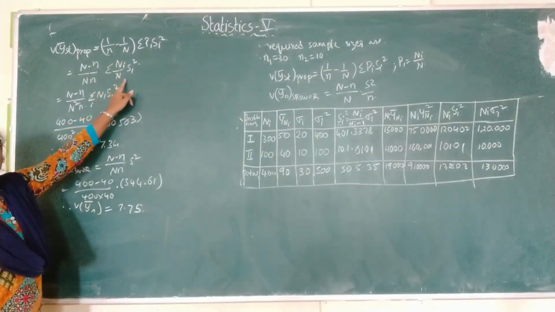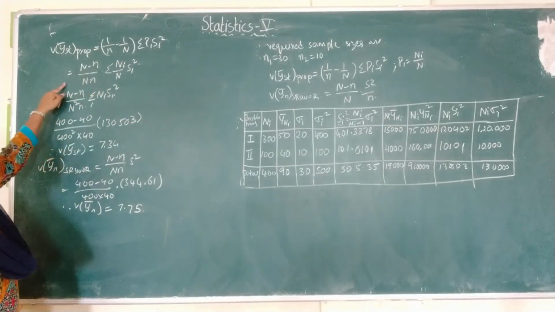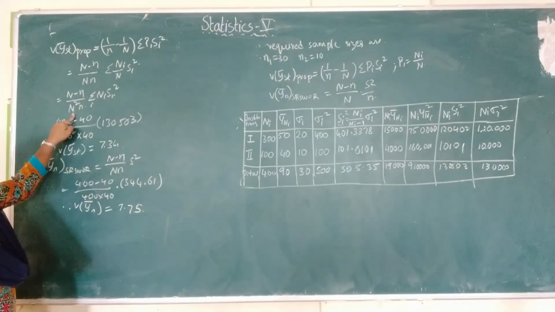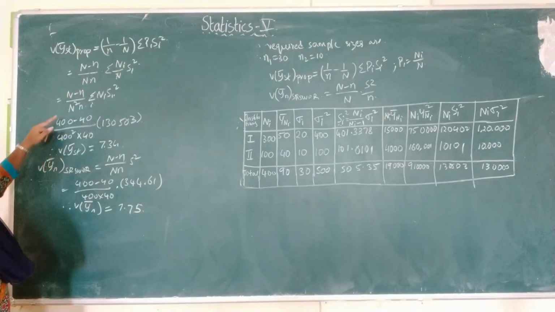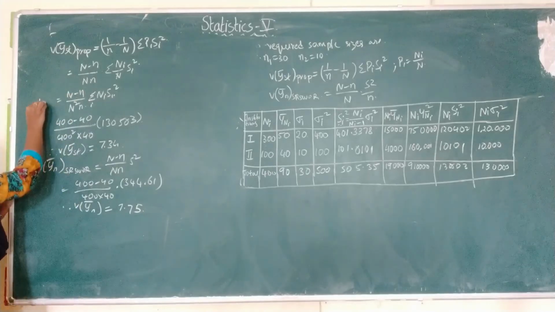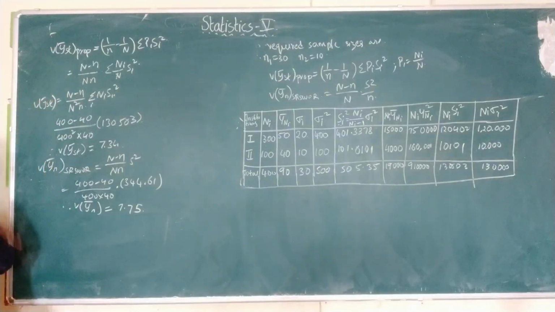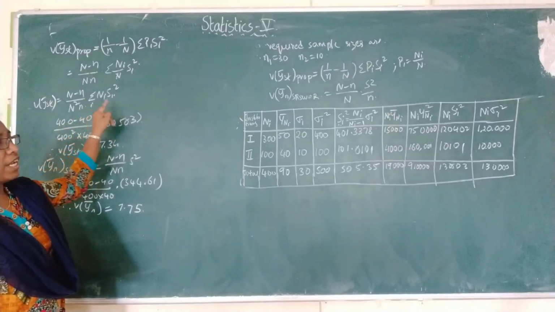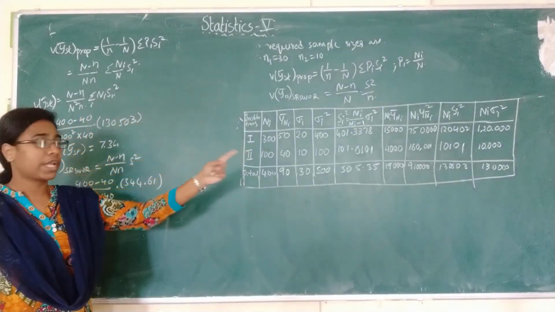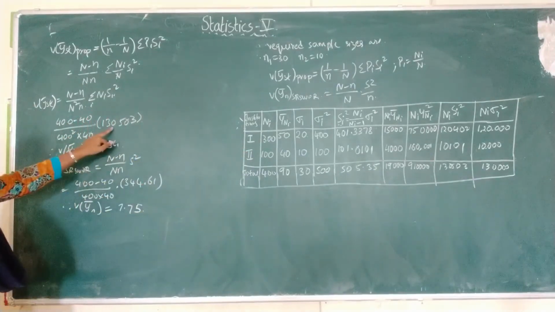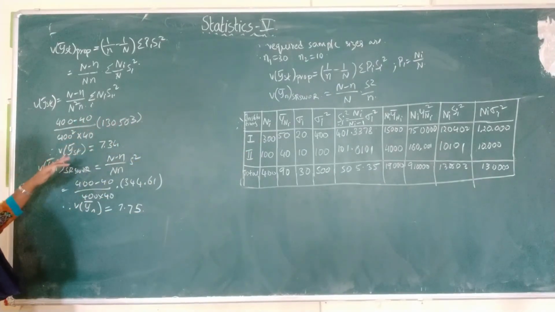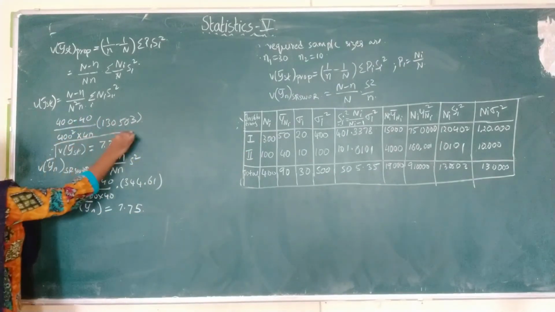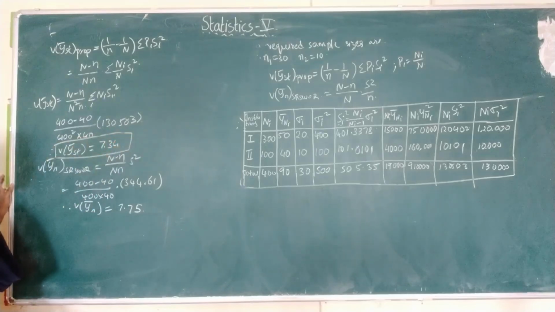N is independent of i, so bring it outside. So n into N, you will get N square. This is the required formula for the variance of Y bar st under proportional allocation. Substitute the values. We got the summation Ni Si square, the last-but-one column summation, 130503. If you substitute, you will get the variance of Y bar st as 7.34.